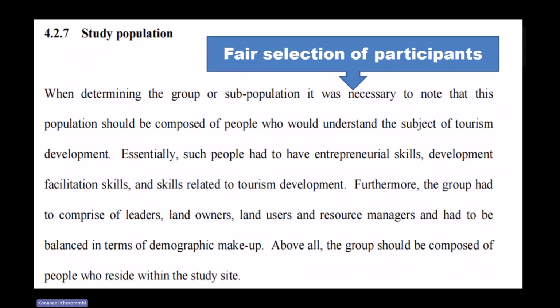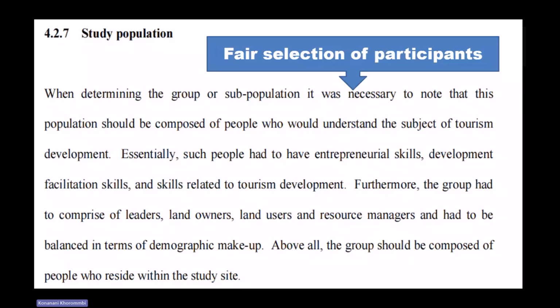Essentially, such people had to have entrepreneurial skills, development facilitation skills, and skills related to tourism development. Furthermore, the group had to comprise leaders, landowners, land users, and resource managers, and had to be balanced in terms of demographic makeup. Above all, the group should be composed of people who reside within the study site.